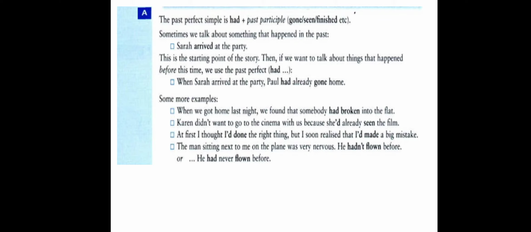So the previous action which made him very nervous is that he hadn't flown. The first action is past perfect, hadn't flown, and the second action is was, past simple. Or he had never flown before.